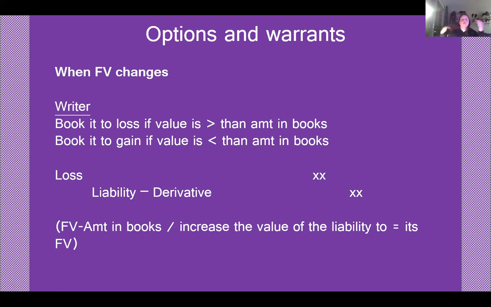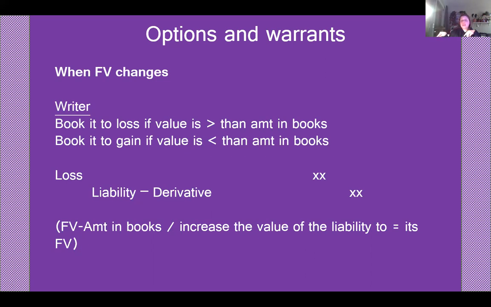So basically what's happening is the writer gets into the contract with the holder. They say, okay, you can buy these shares in 6 months for this amount. And in 6 months, they receive the amount from the holder, and they have to go buy those shares on the market for the market price.